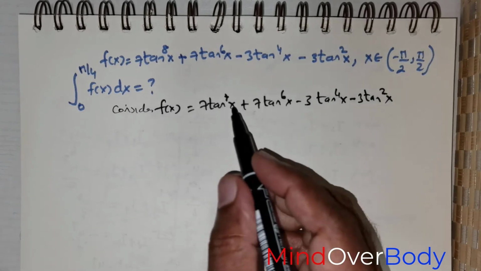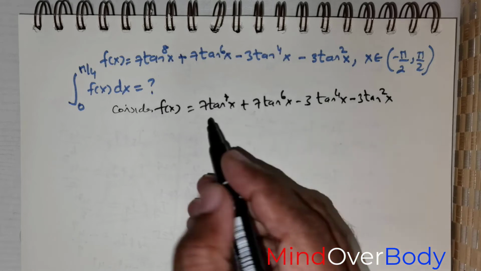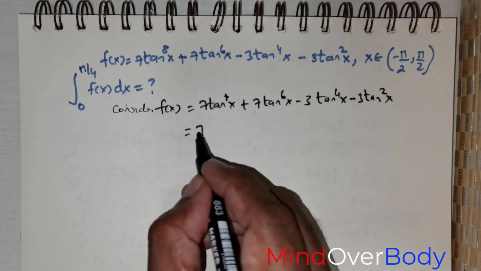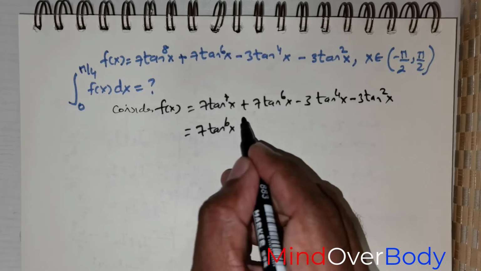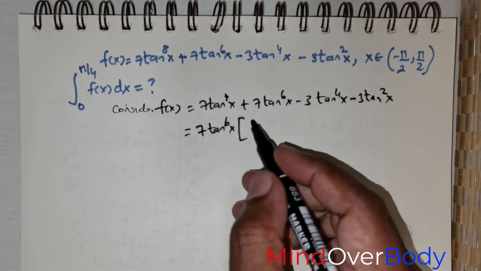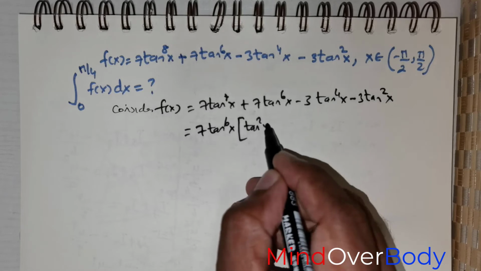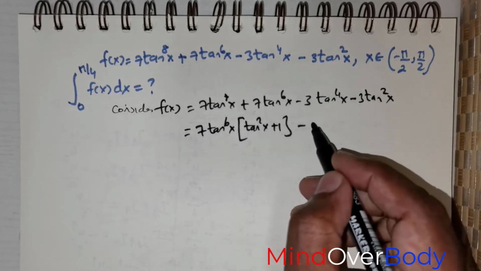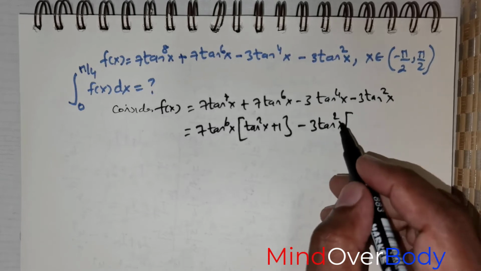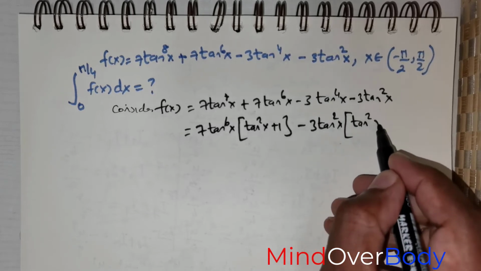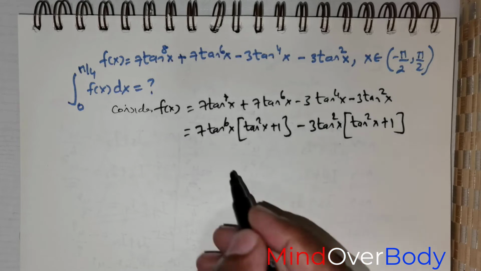Now I will club these two together, and I will take 7 out, and I will take tan^6 x out. So this is going to give me tan^2 x + 1. I'll take 3 out and tan^2 x out. So that is going to give me tan^2 x + 1.